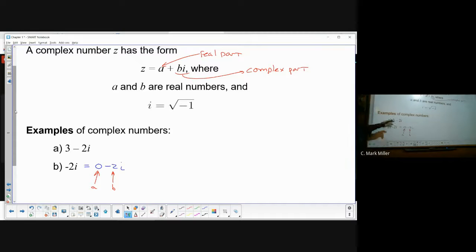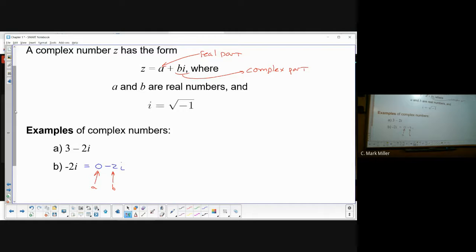Well, this happens to be 0 plus minus 2 times i. So in this example, b is minus 2. Here's another one, 3 minus 2i. This has a real and complex part. It's still not on the number line, though.